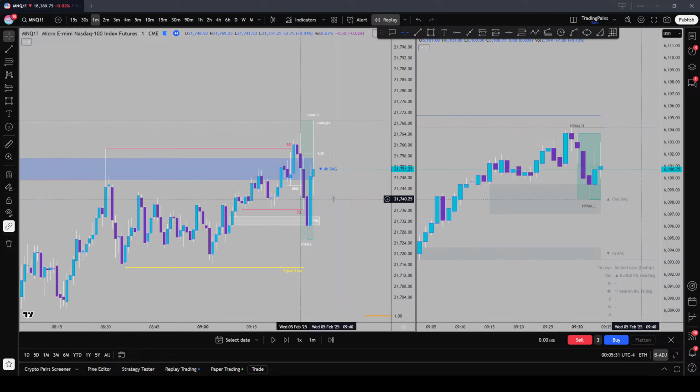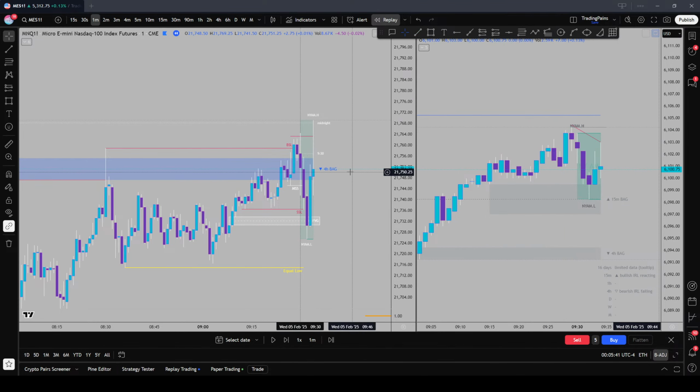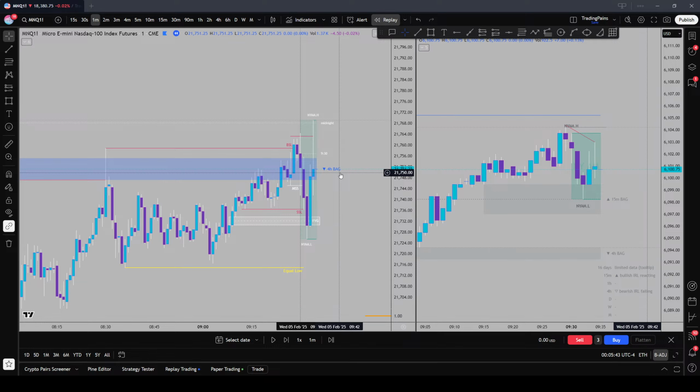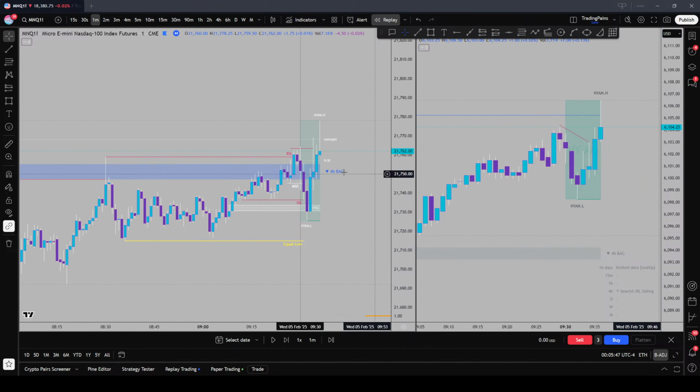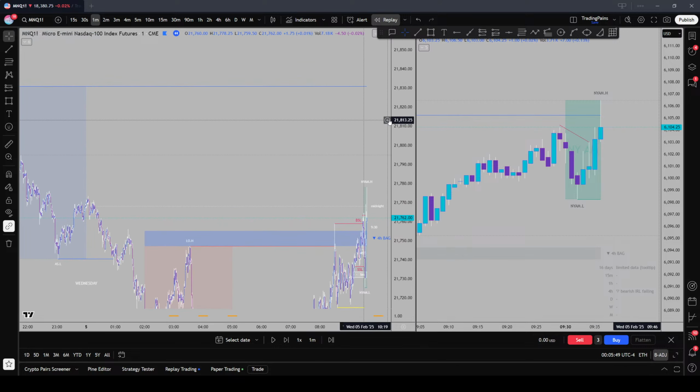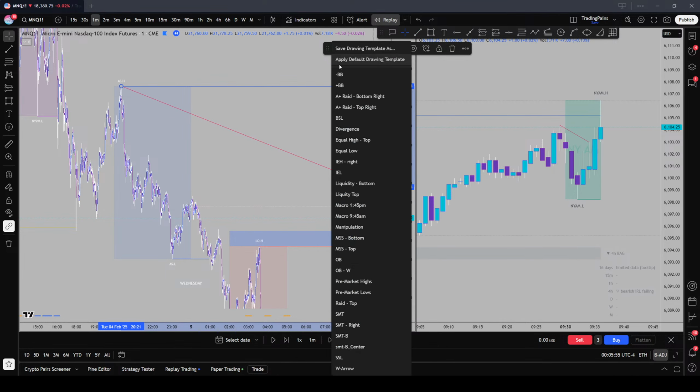Alright, midnight liquidity sweep manipulation. We have another. What is this? SMT? I need to see it take out Asia high or something. And there we go, took out Asia high. So now we have this gigantic SMT with ES.